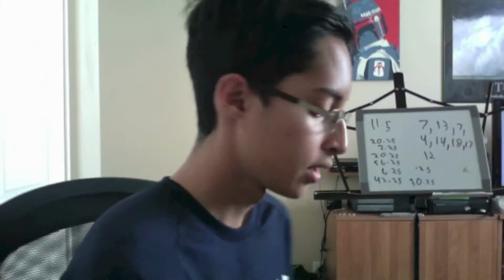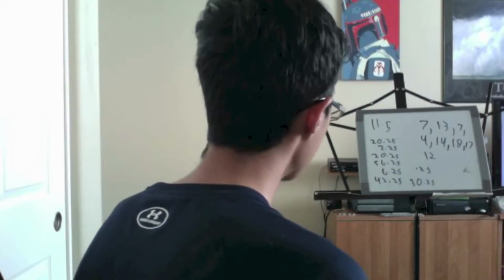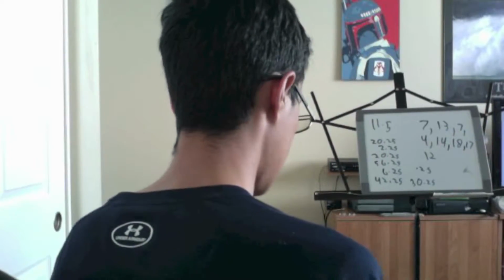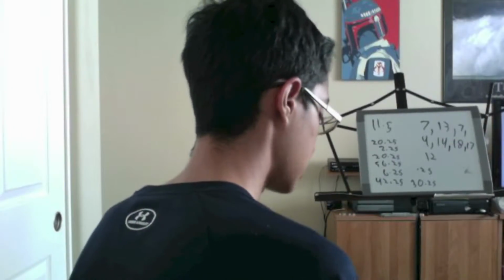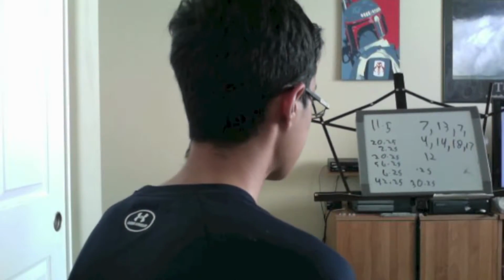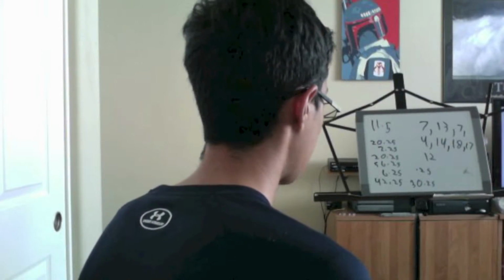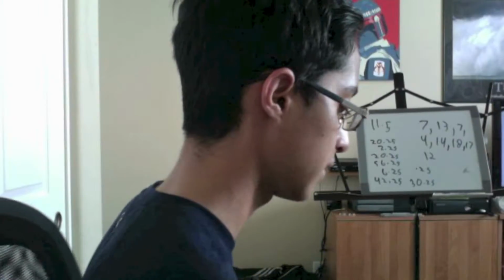Now we just gotta add them all up, okay? So, that'd be 20.25 plus 2.25 plus 20.25 plus 56.25 plus 6.25 plus 42.25 plus 30.25 plus 0.25.